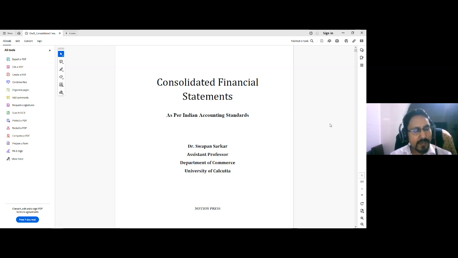If you follow the previous years' examination questions, whether of the current 2022 syllabus or the 2016 syllabus, you will find that more questions are normally set from chapters like consolidated financial statement, business combination, and obviously from accounting standards also certain questions are set.